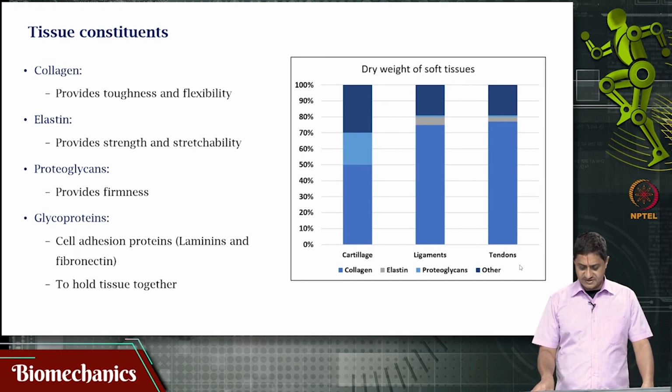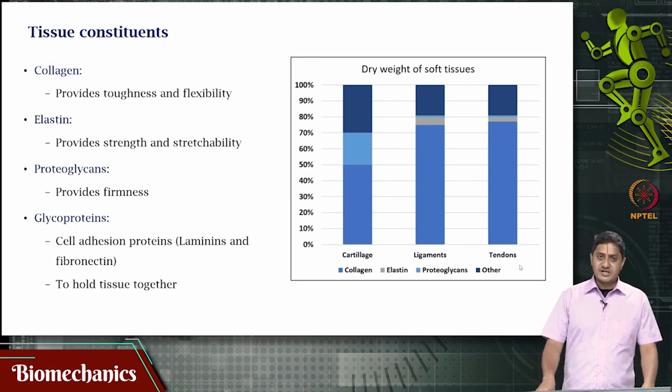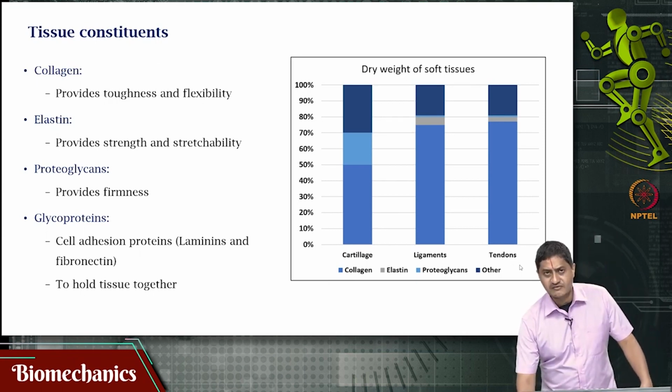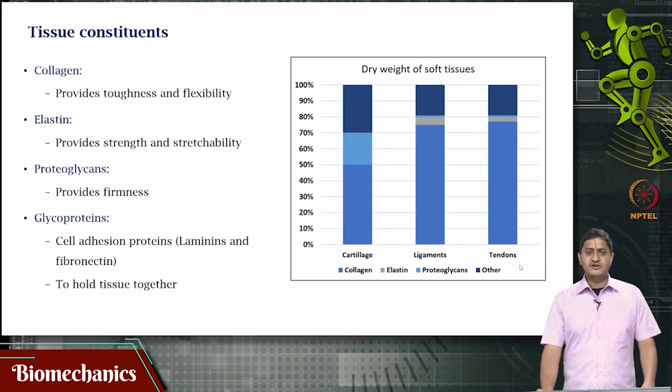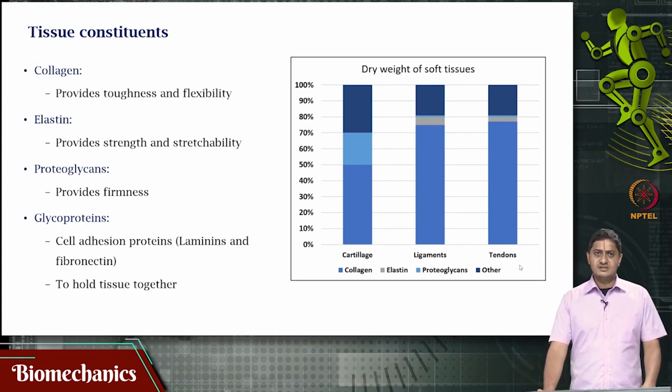Different soft tissues exist: ligaments, tendons, cartilage, and all of these are composed of collagen, elastin, proteoglycans and other glycoproteins, and they have different functions. The important function of collagen is to provide strength or toughness and flexibility.